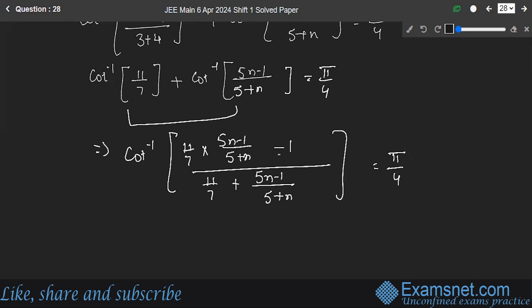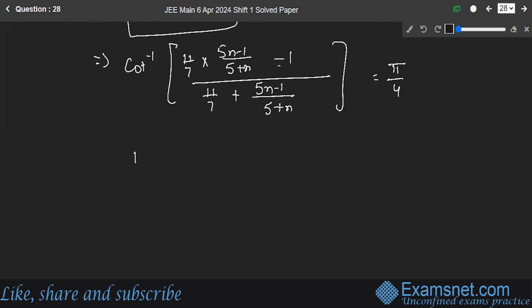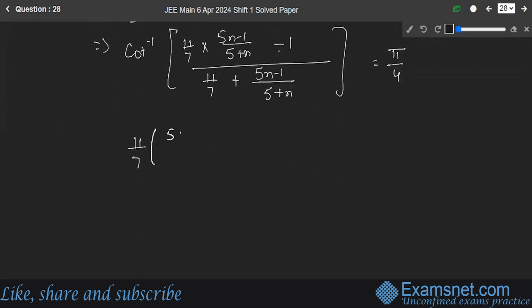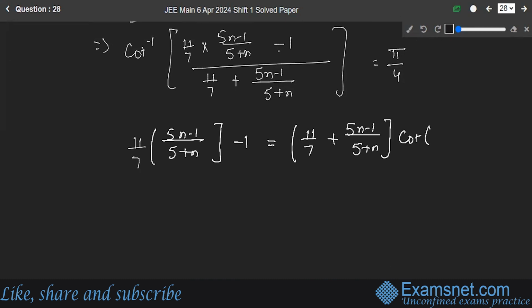This is equal to pi by 4, or you will have 11 by 7, (5n minus 1) upon (5 plus n), minus 1 is equal to cotangent. Let's take it on this side, (11 by 7 plus (5n minus 1) upon (5 plus n)) into cot of pi by 4.